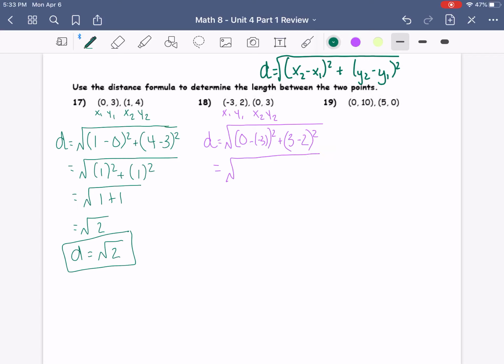Okay, so 0 minus a negative 3, it's a keep, change. So this is 3, and 3 minus 2 is 1. 3 squared is 9, 1 squared is 1. So the distance between these 2 points is the square root of 10.